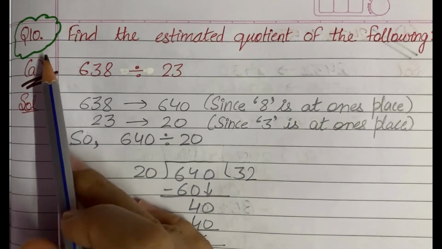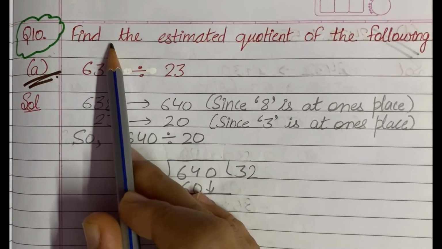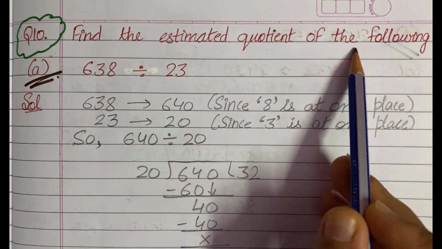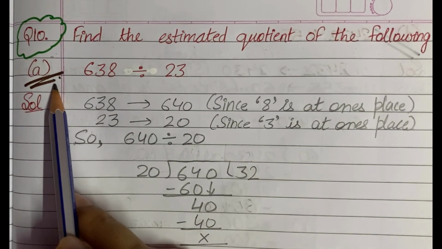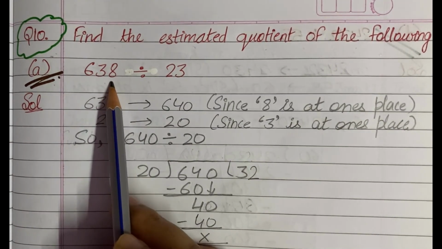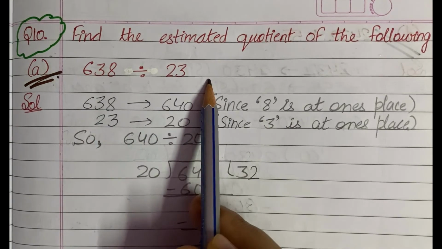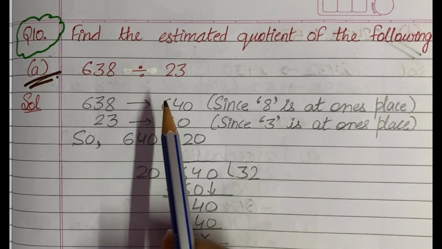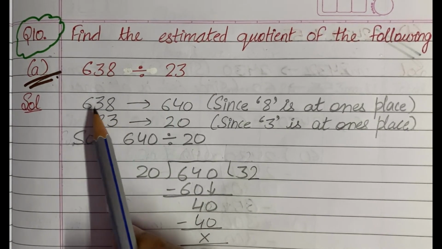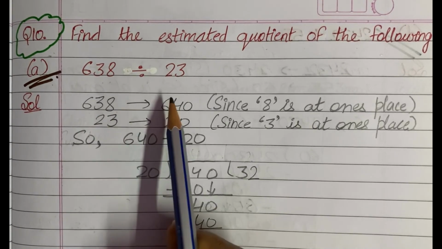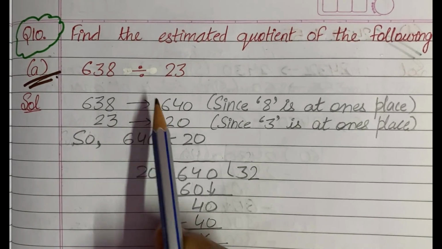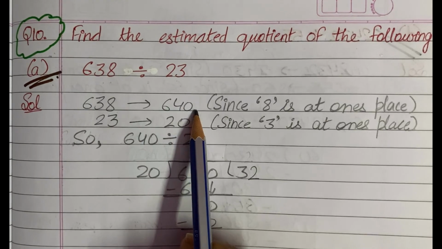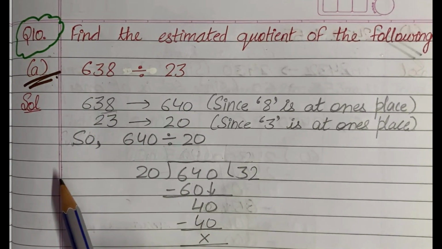Next is question number 10, and question number 10 says that find the estimated quotient of the following, and A part says that 638 divided by 23. So students, in this question first of all we will round off this 638 to the nearest tens, and its round off is 640 since we are having 8 at its ones place.